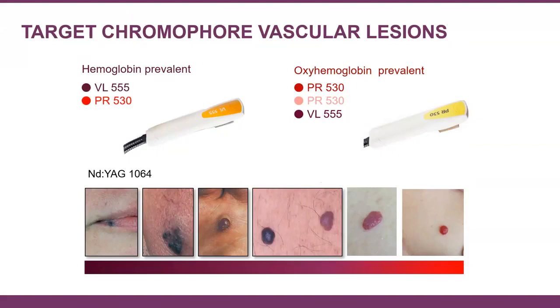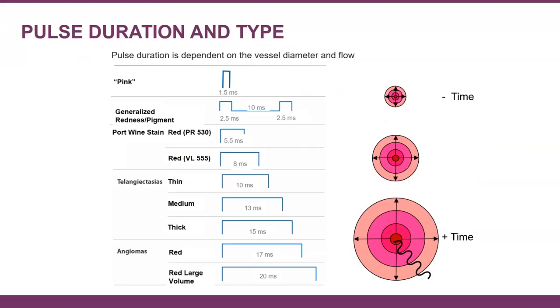And if we're treating lighter colored pinker and redder vessels, which are more superficial, we're going to use the 530. And when we get to the very deep vessels, so we're now looking at the very dark purple and dark blue colors, we would be using our Nd:YAG. So that gives you an indication of where you're going to use each one of those handpieces.